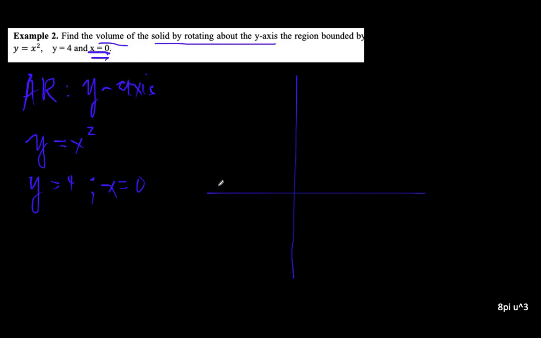Okay. So, our axis of rotation or revolution is the x-axis. Sir, kailangan ba namin maglagay ng ganyan? Nasa iyo yan. Bakit kailangan maglagay? It will guide you on which part you're going to rotate or revolve the given curve, diba? Okay, the x squared, y is equal to 4.